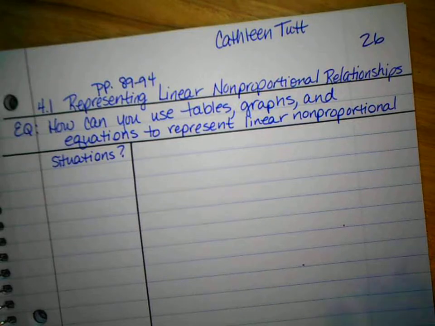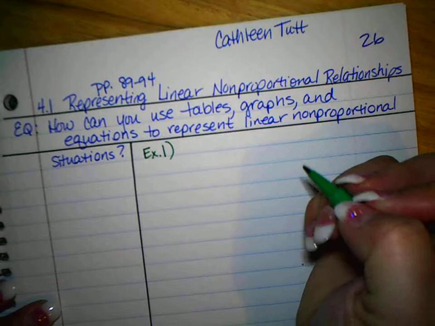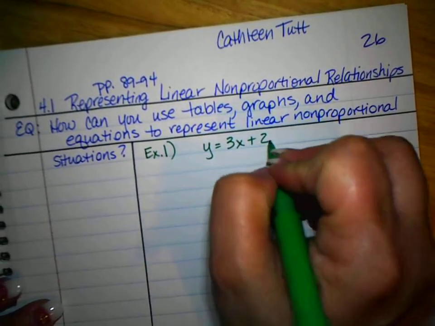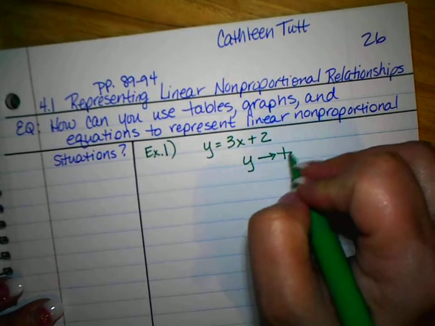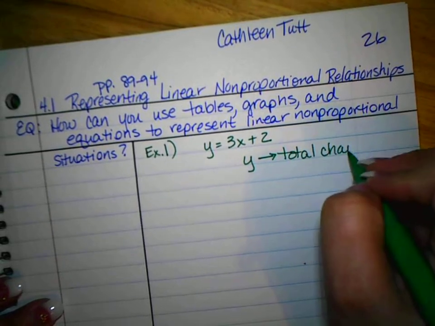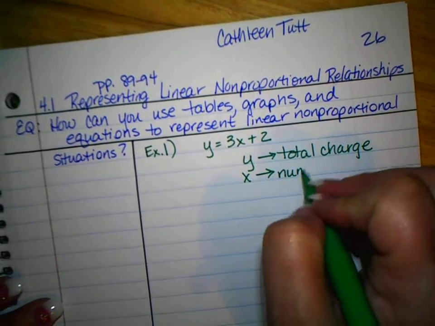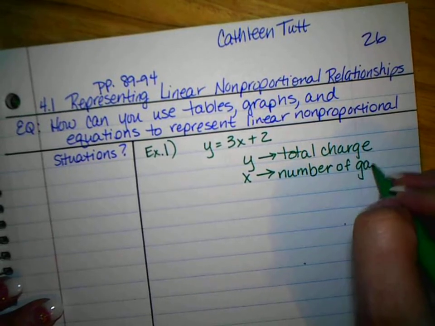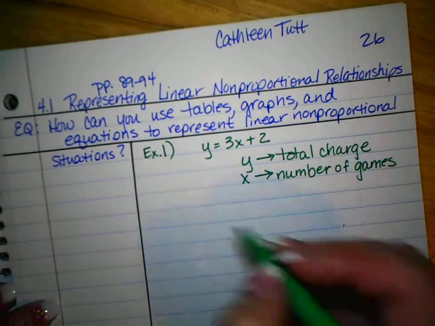So we are going to realize that we have the equation y equals 3x plus 2, where we're told that y is the total charge or the total cost, x is the number of games that are played at the bowling alley, and we need to make a table.